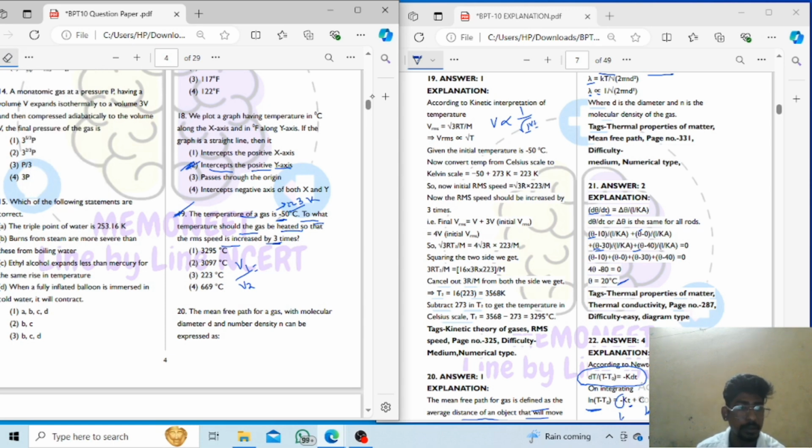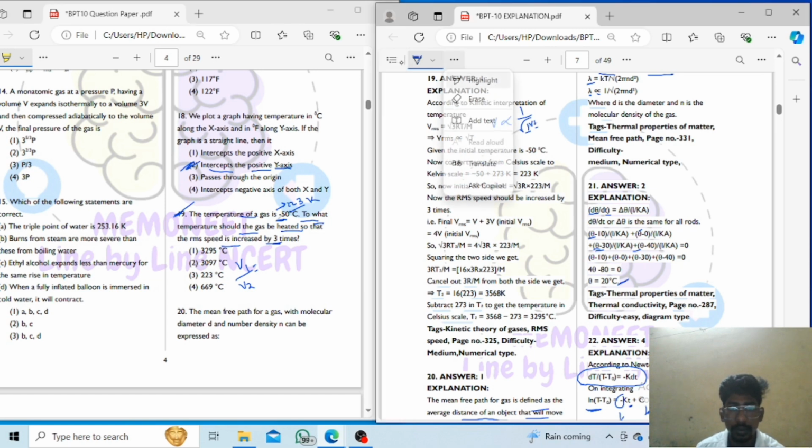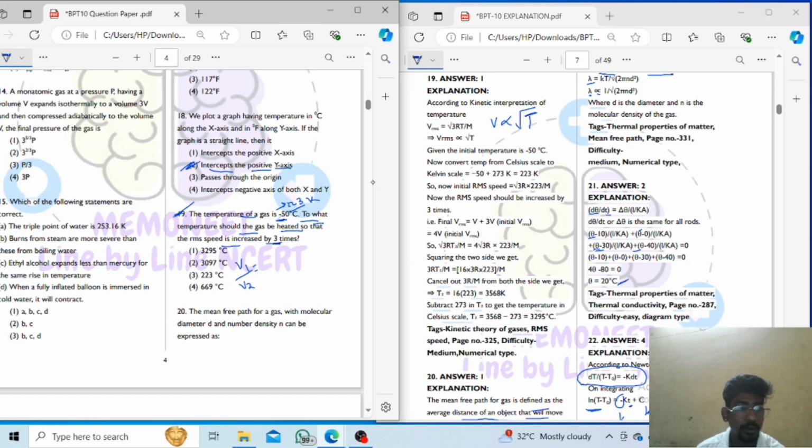So the relation with temperature is that V is proportional to root T. So V1 by V2 will be equal to root over T1 by T2. T1 is 223 and T2 you have to calculate.